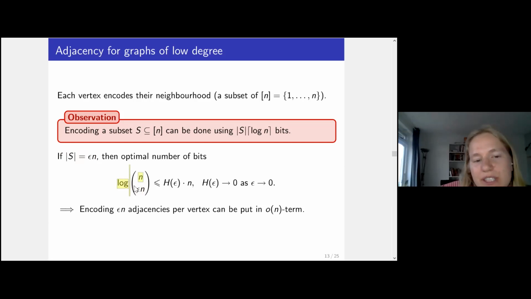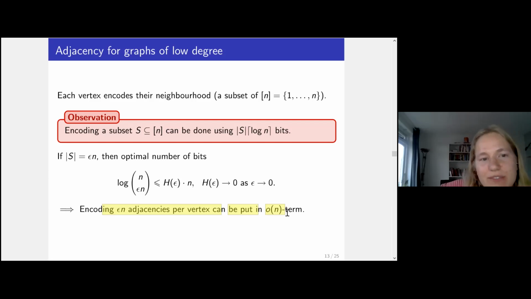If you take the log of this, then you can upper bound it by the binary entropy function of epsilon times n. And the only thing you need to know about this is that this term will tend to 0 as epsilon tends to 0. And that's why information theoretically we can put this into our little o of n term just by doing counting.